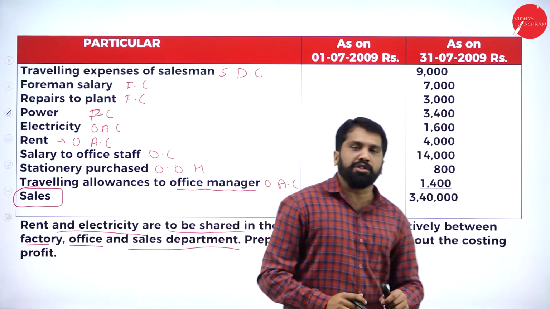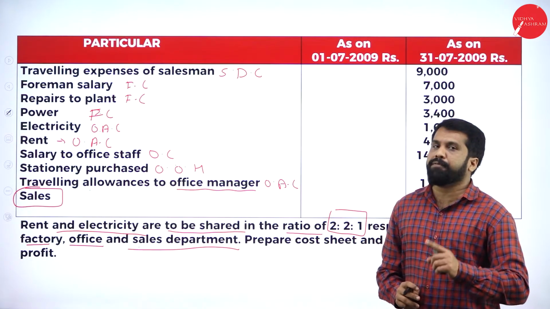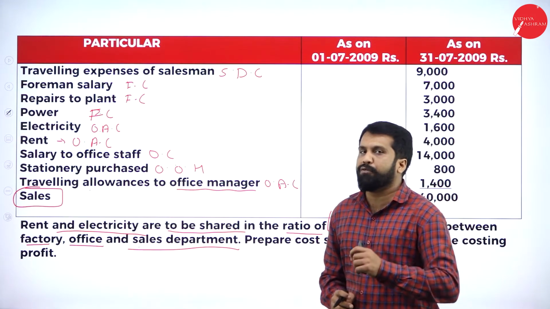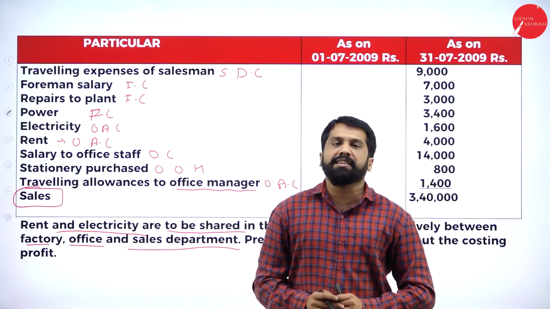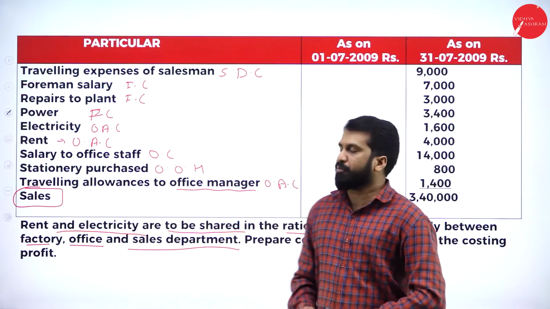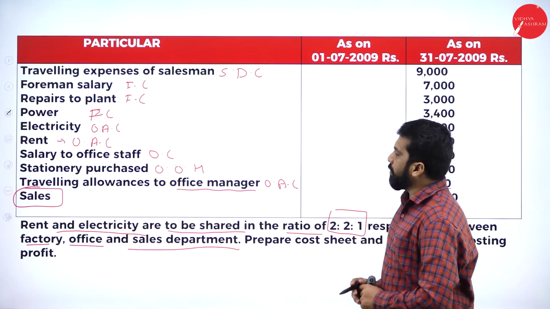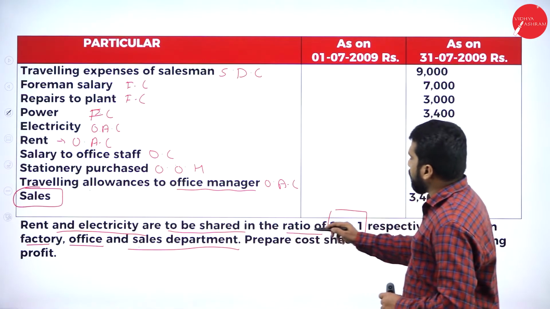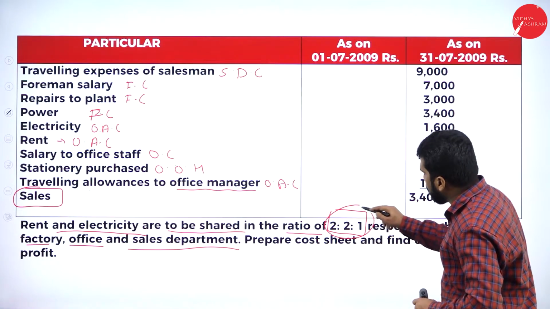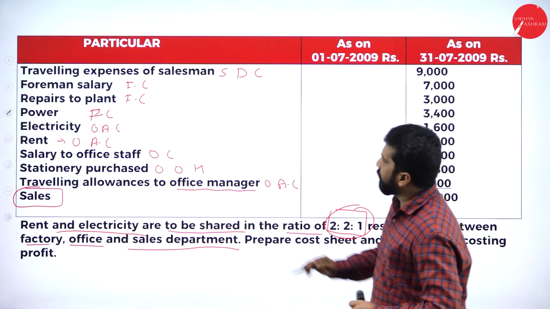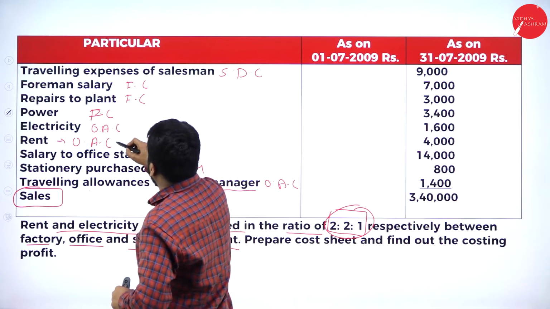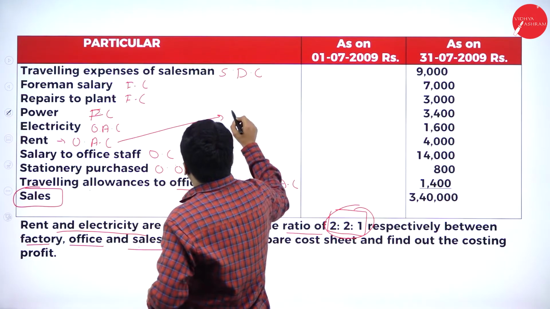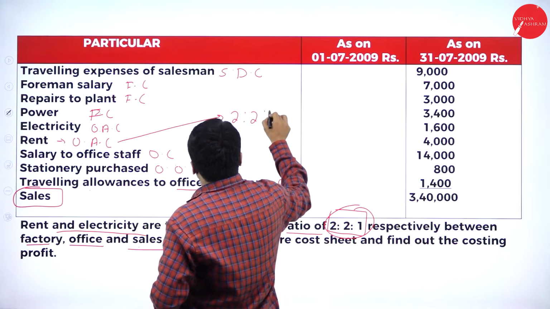See, in the question they have not mentioned rent for factory, rent for office or rent for selling and distribution, godown purpose. That's why in the adjustment they have given rent and electricity to be shared in the ratio of 2:2:1 respectively. You have rent, 2:2:1.